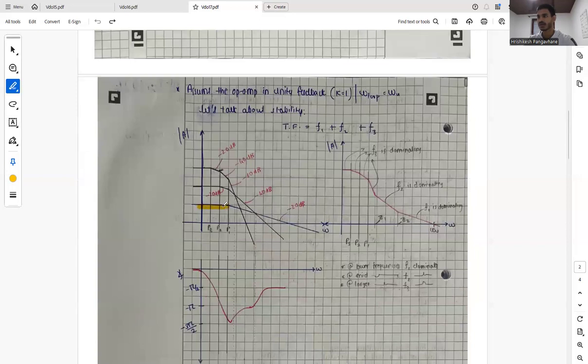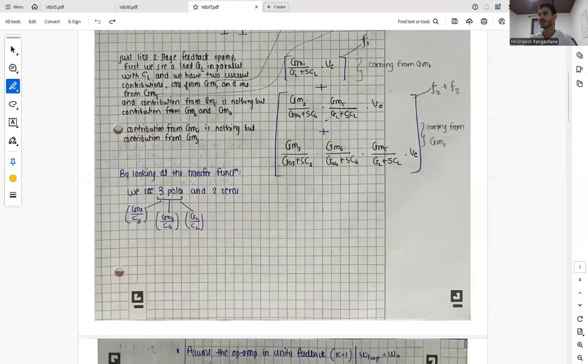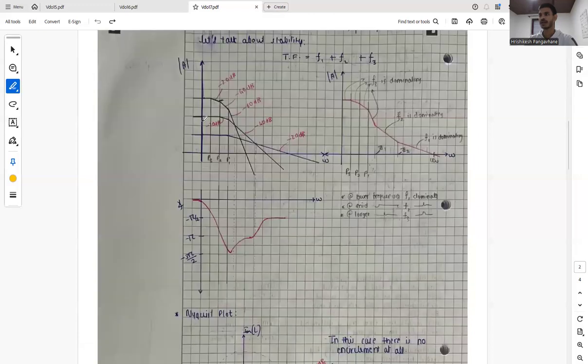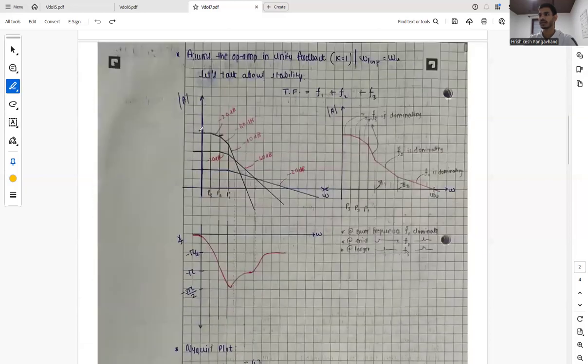So this is the function of F1 where we have our first pole, and then we have a minus 20 dB roll off. Then we have F2 where we have two poles, so pole 1 at minus 20 dB, then minus 40 dB and so on. And then we have F3 which has three poles, so pole 1 minus 20, minus 40, and minus 60 dB roll off.